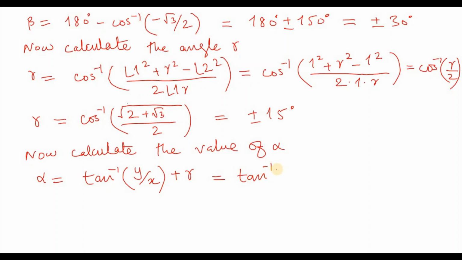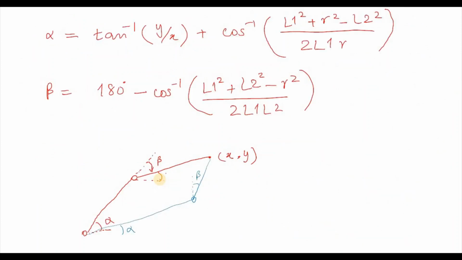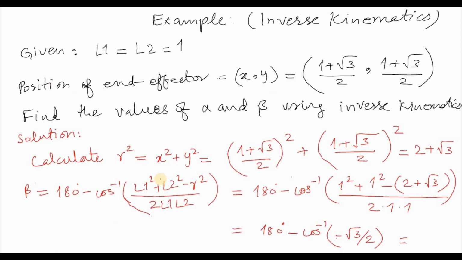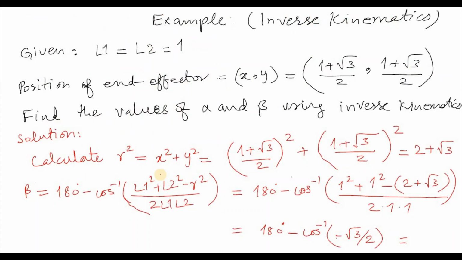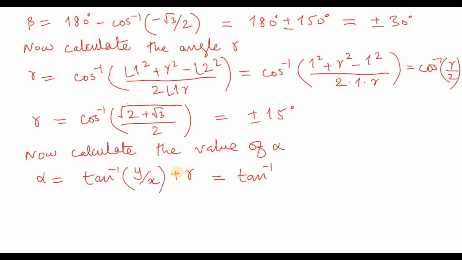Tangent inverse of, because y and x both are 1 here, they're not 1, but their ratio is 1, so they have same values. This is x and this is y, okay, and when you put them y over x, then you will get same value.